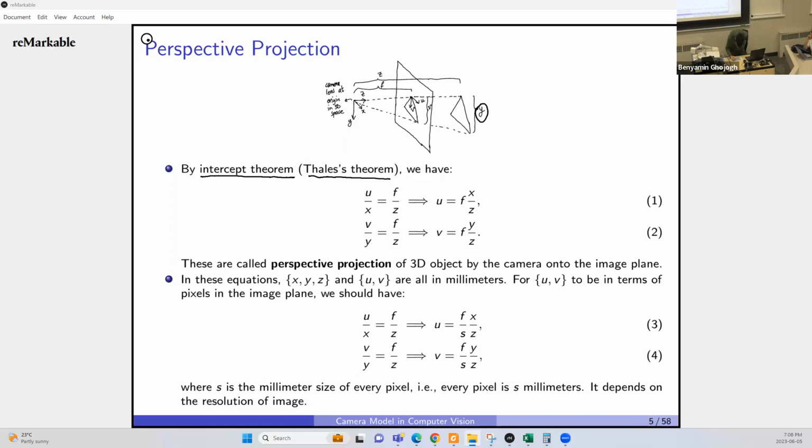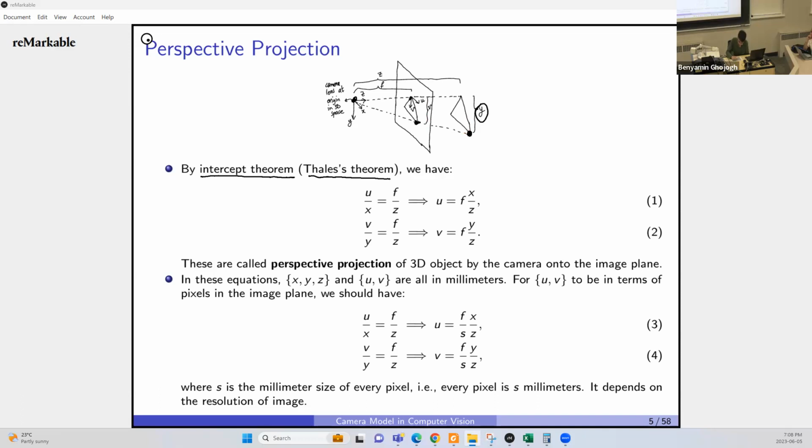Here we have Y. For example, consider this point that I just made bold. Do you agree that this is the Y of this point in the 3D space? Because the origin is here in the 3D. The origin is at the lens, okay? So this is Y, and this is V. So the corresponding point is here.